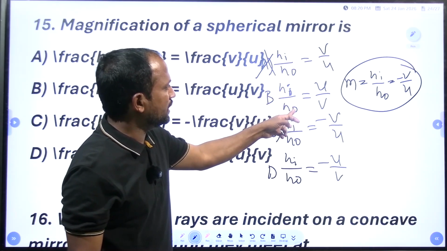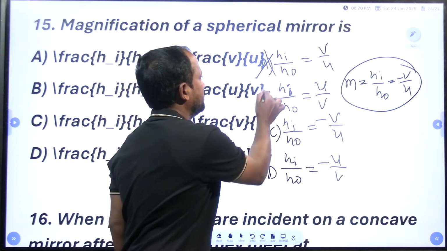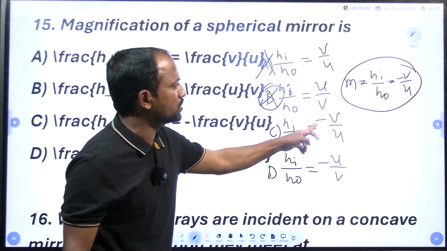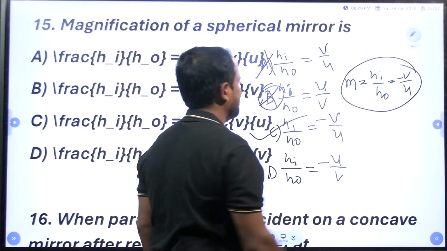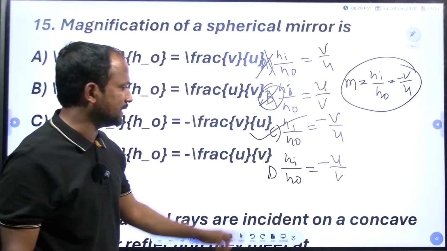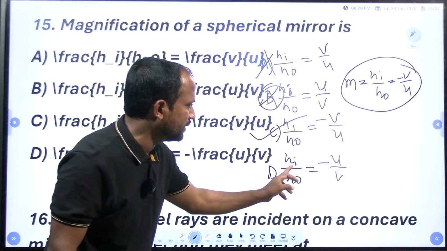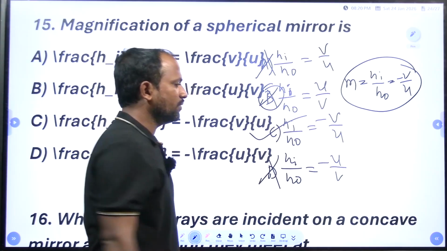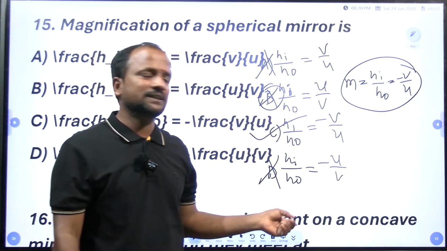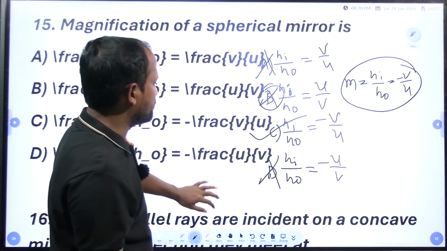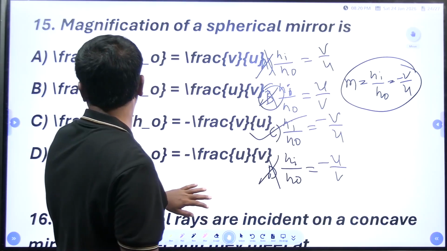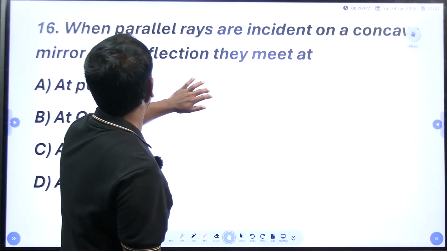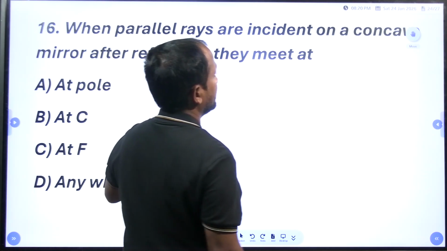B, HI by HO is equal to U by V, is also wrong. Next, C, HI by HO is equal to minus V by U: option C is correct. D, minus U by V, is also wrong. By observing the options, only option C matches. That's why you have to choose option C. So, next question.